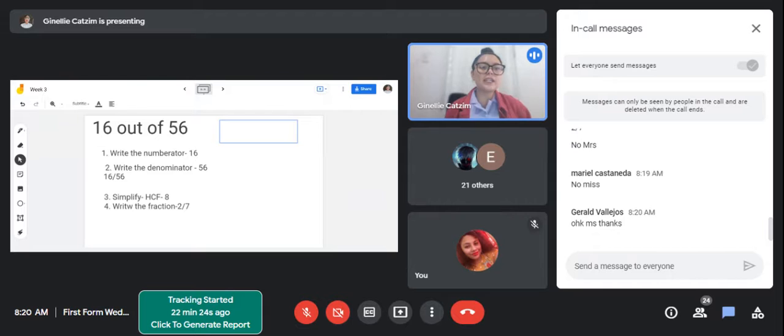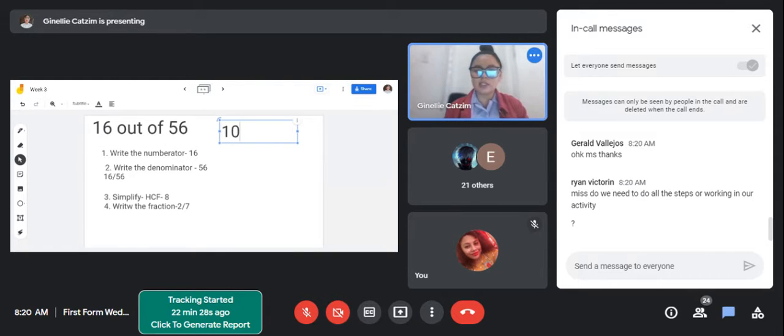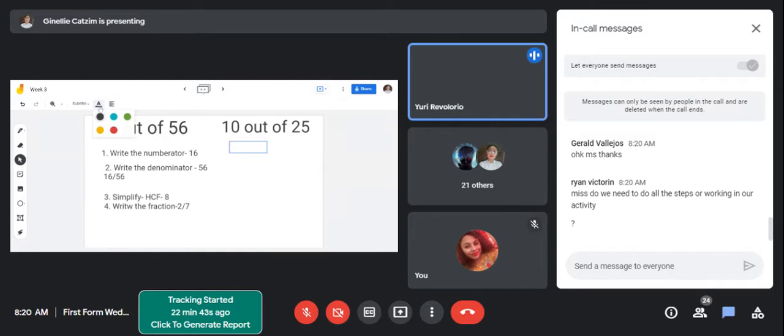So the second example that we will take a look at is 10 out of 25. What is the first thing that we will do? Write the numerator. Very good.